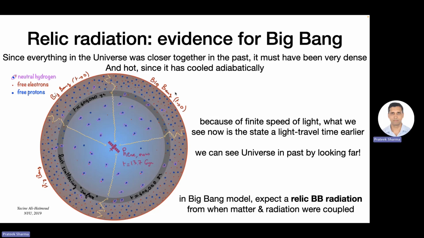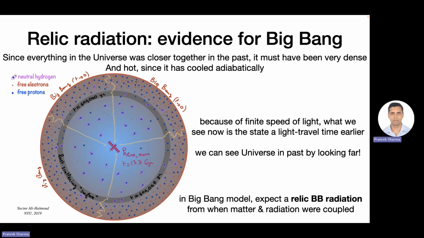In fact, Gamow did a calculation in the 30s or something, and suggested that if the Big Bang is taken seriously, all the matter would be closer and closer, and very dense early on, and actually hot, because if you have an object which expands, it cools because of adiabatic cooling. First law of thermodynamics: an expanding gas cools because of adiabatic cooling, right?